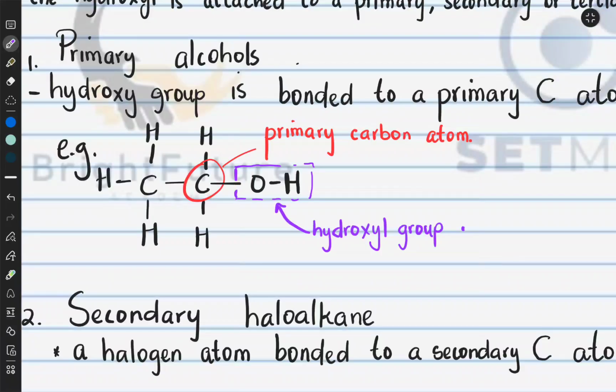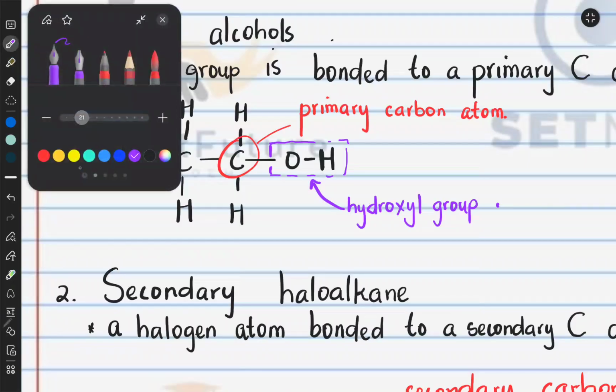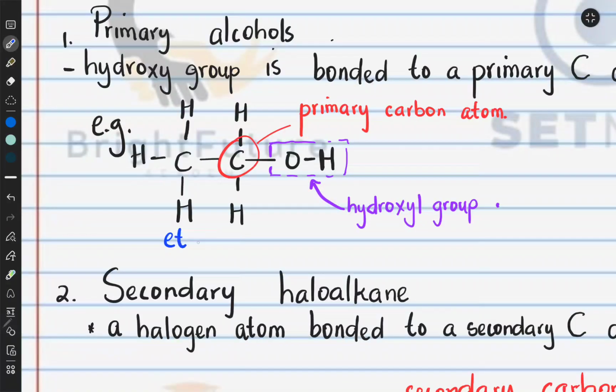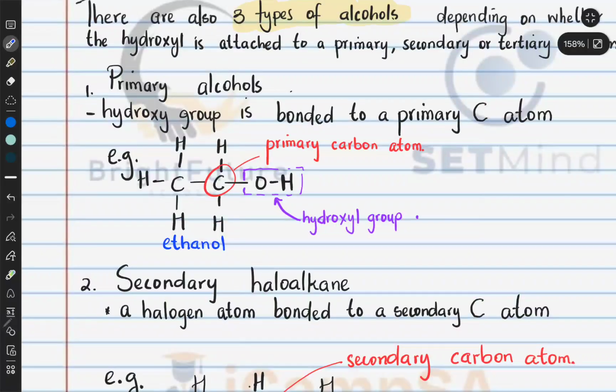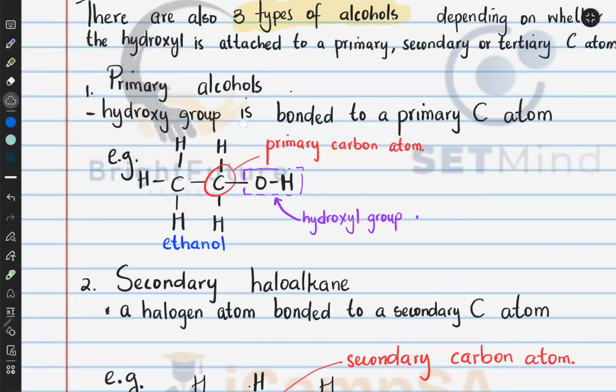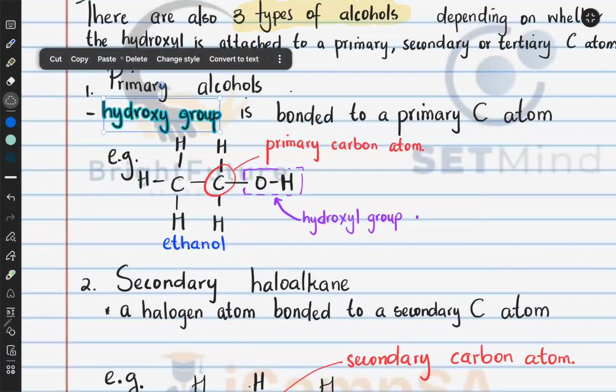The name of this alcohol would be ethanol, because there are 2 carbon atoms. So this would simply be ethanol. Right, so that's what happens with alcohols as well. You have a primary, secondary, and a tertiary alcohol.